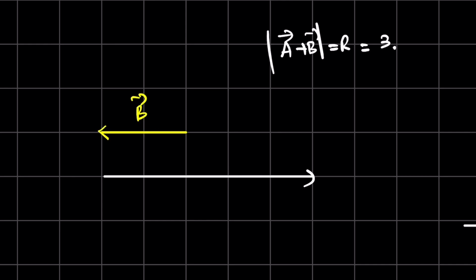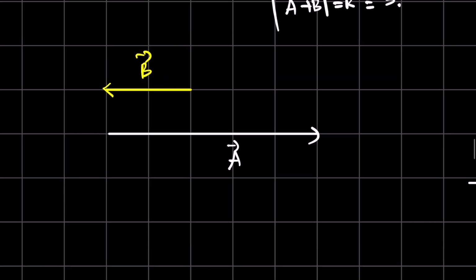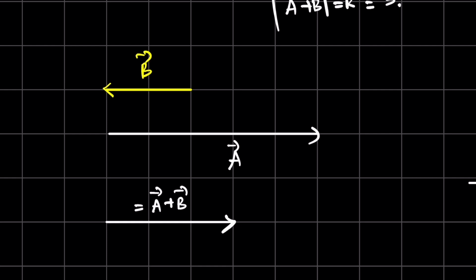The resultant, which is A vector plus B vector, is the answer.